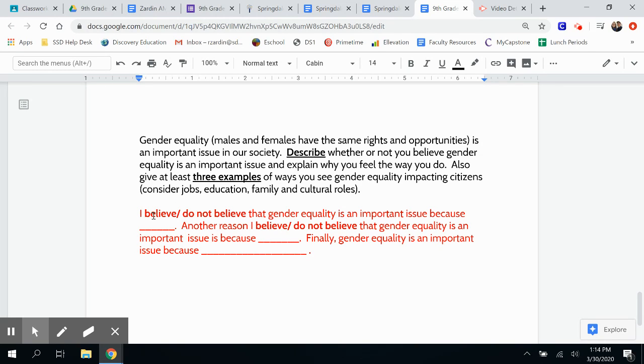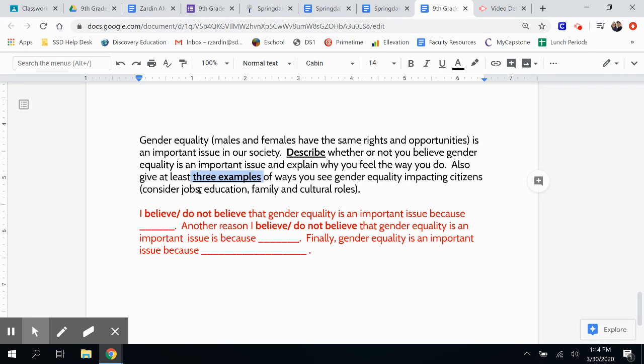important issue because. Okay? Then your second job is to give 3 examples of ways that you see gender equality impacting citizens. Okay? So 3 ways that it impacts us today. You can think about jobs, education, family, cultural roles. You can think of how the glass ceiling, how women don't make as much money as men.